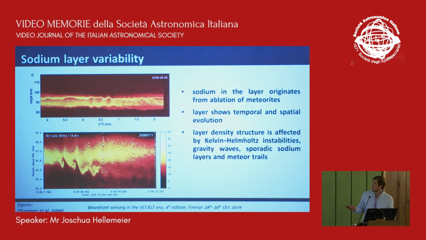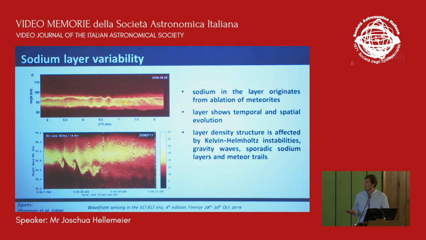The centroid is typically somewhere around 90 kilometers, and the layer shows temporal and spatial evolution. The structure of the layer is affected by Kelvin-Helmholtz instabilities, gravity waves, and the formation of sporadic sodium layers, and also by meteor trails running through the line of sight.